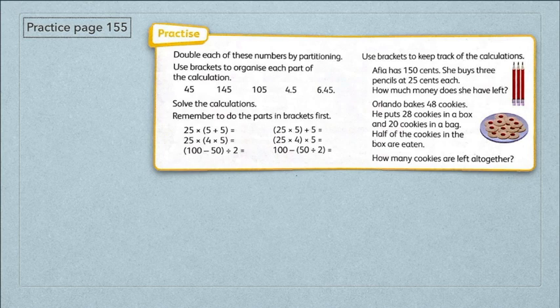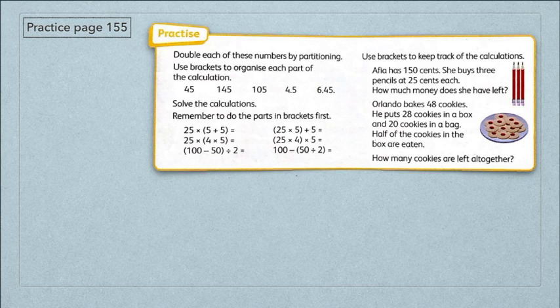Alright, now it's time to check the answers for question 3. Afia has 150 cents. She buys 3 pencils at 25 cents each. How much money does she have left? So for the first part, you're going to minus 3 times 25 out of 150.